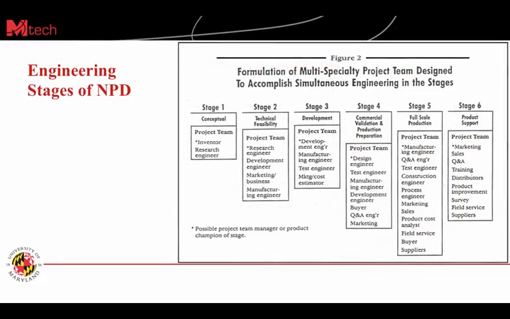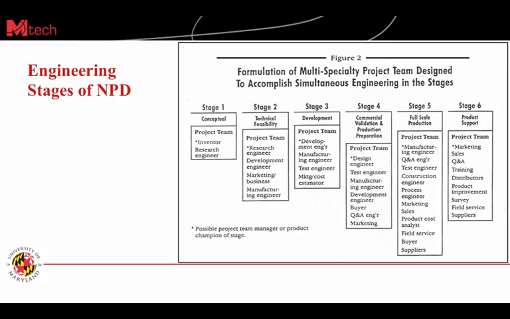So the view that we have here is a 6-stage new product development process. And it is a level of detail that is similar to what we looked at before in the generic steps of the innovation process. And here you can see in stage 1, there's a conceptual stage, there's a project team that is mostly inventors and research engineers.